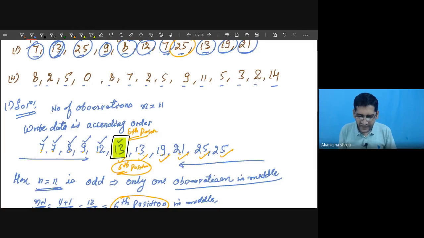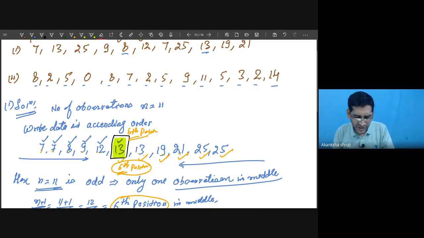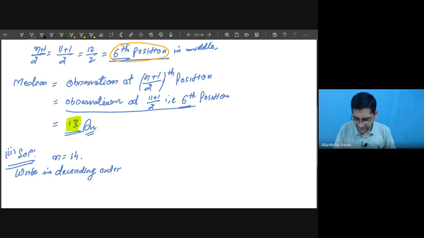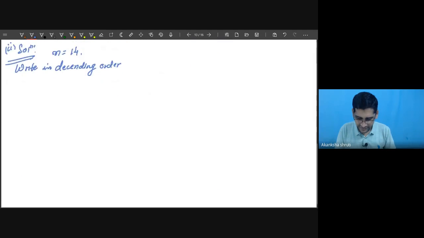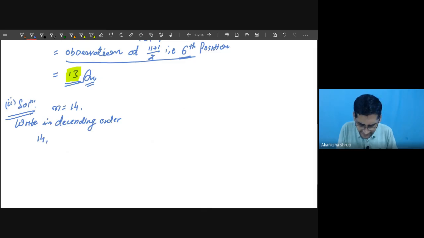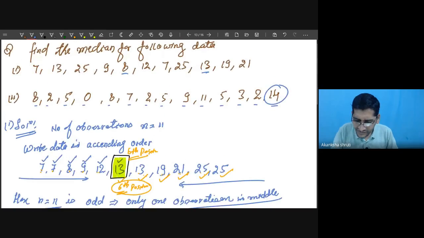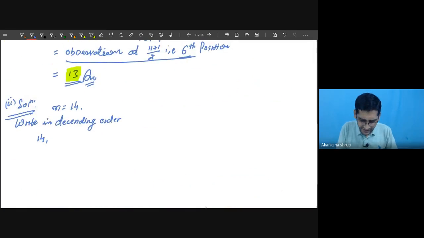Students, let me start with the largest number. Here the largest number for the second one is 14 itself. Only one 14 is there, so write 14 first. After 14 we have 11, and in between 11 and 14 nothing is there, so write 11 next.